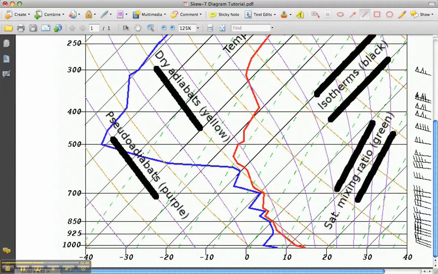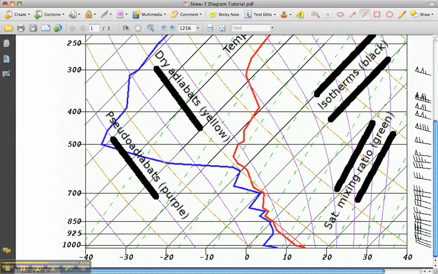Now, I'm also going to take the dew point temperature at the surface, and I'm going to take the dew point portion of that air parcel and move it parallel to the saturation mixing ratio lines, which are the dashed green lines.